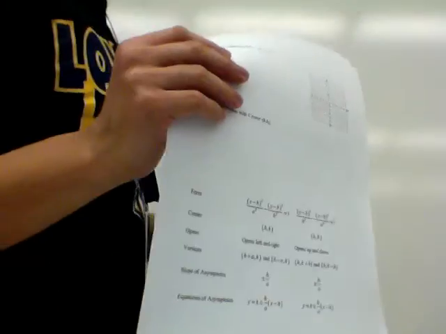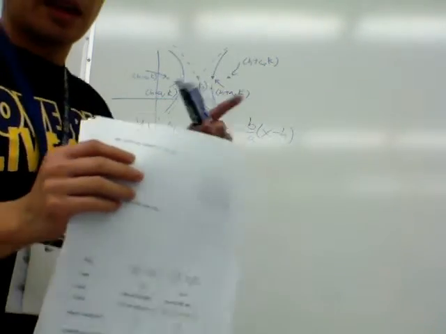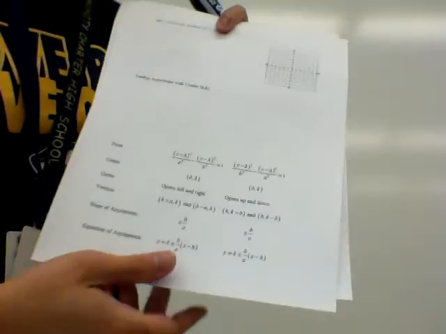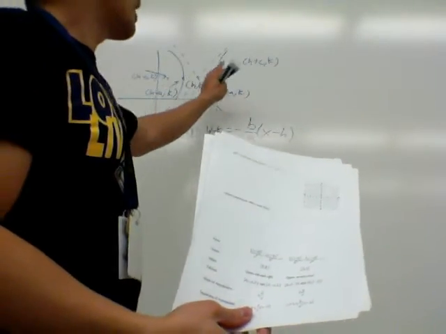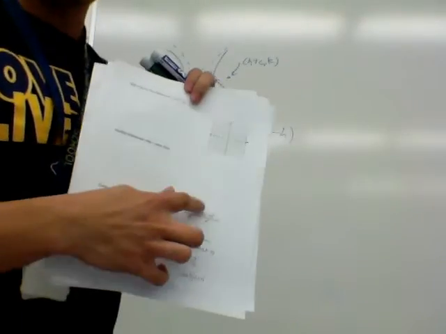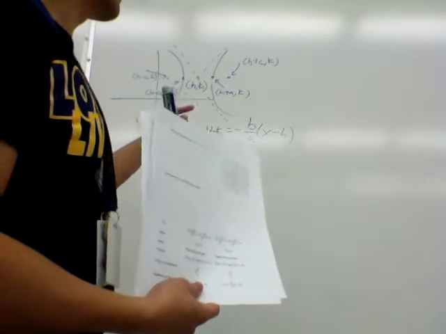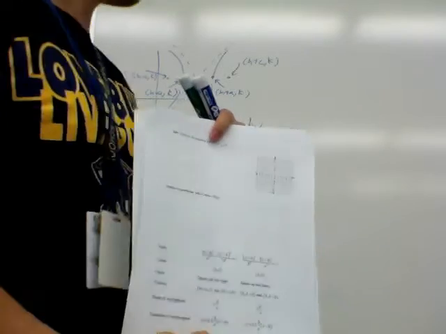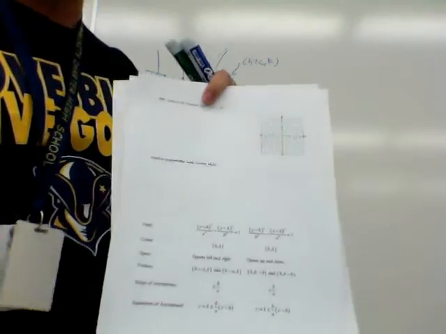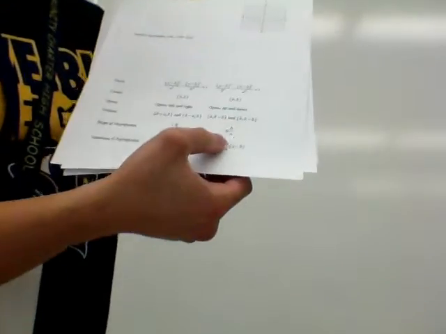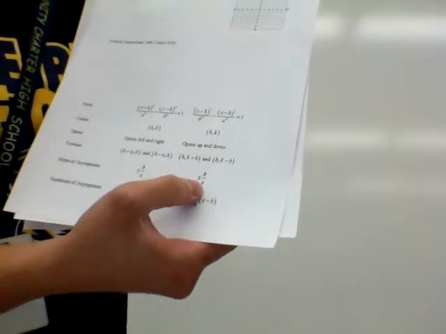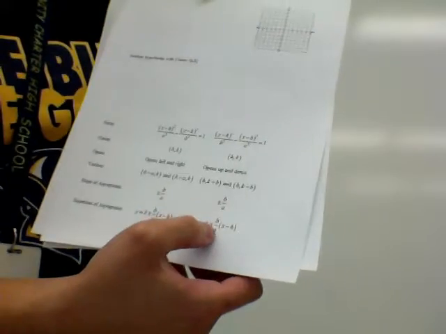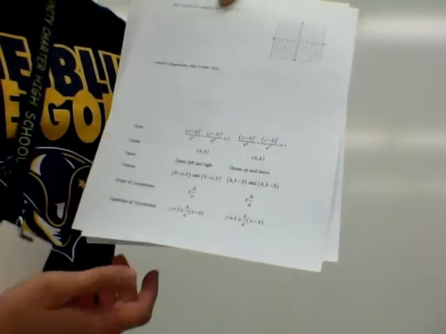This hyperbola up here is supposed to go with the first column. The hyperbola that goes with the second column is the one that has the transverse axis parallel to the y-axis, and that goes here. However, they did something wrong here, and this should be a over b, and a over b times x minus h.